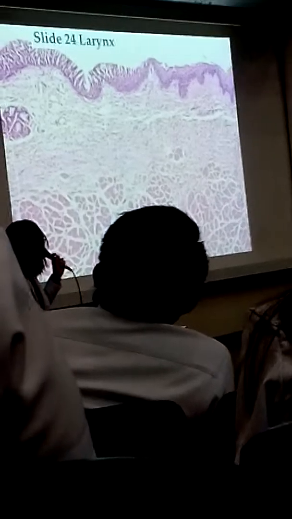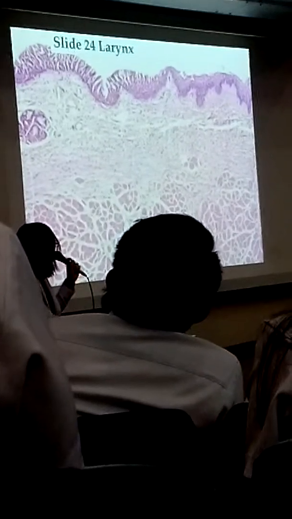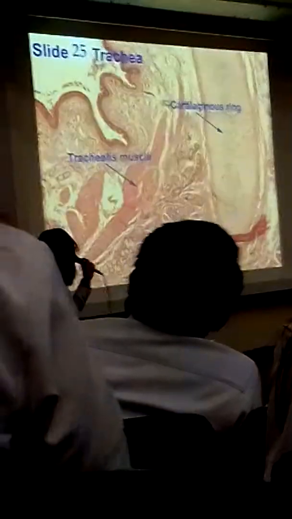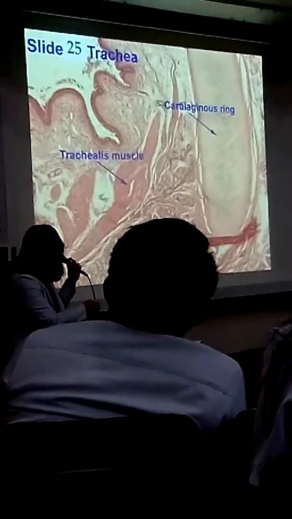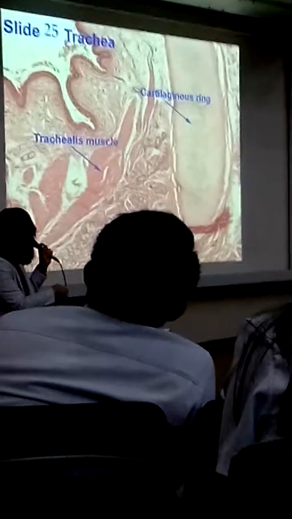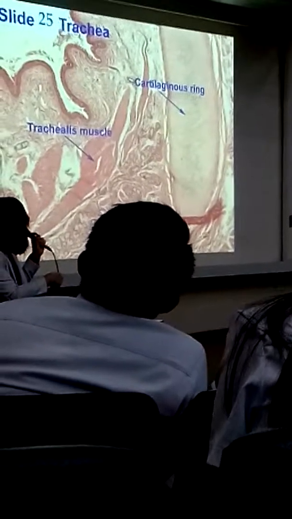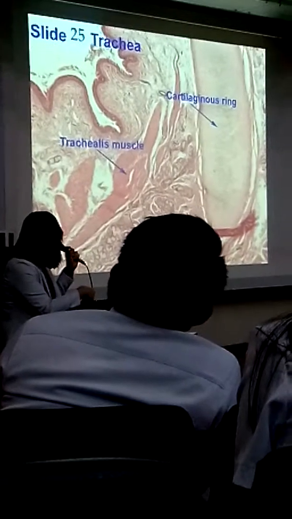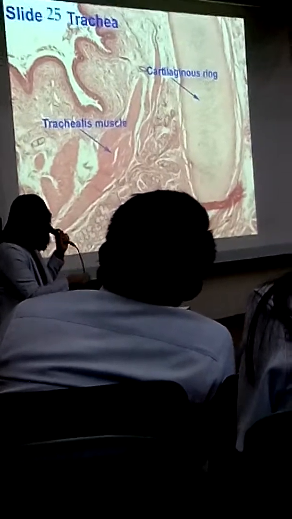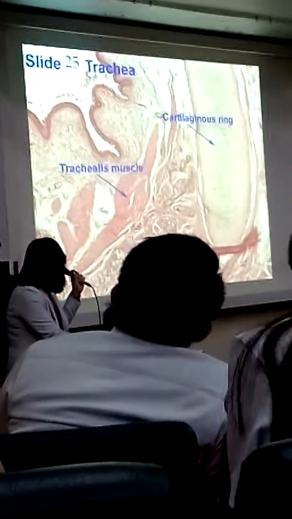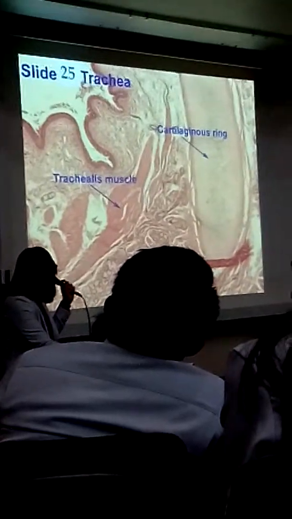For the trachea, the vascular layer as well as the cartilaginous layer, and the free end portion of the cartilaginous ring, where you have the trachealis muscle as well as the fibroelastic part.